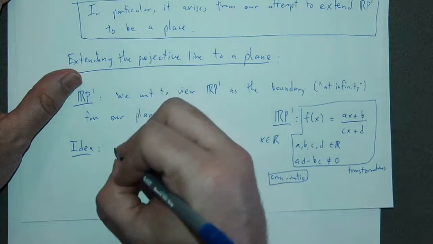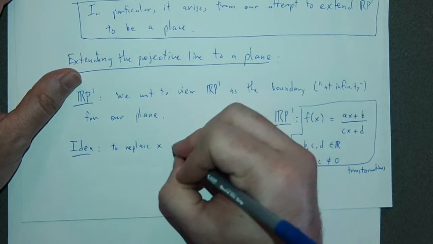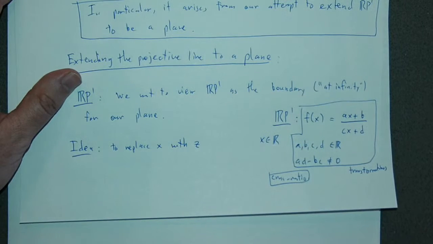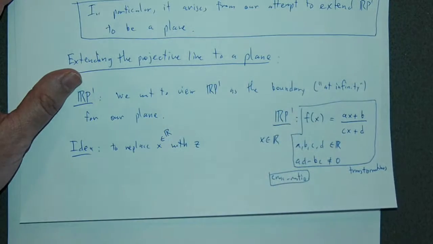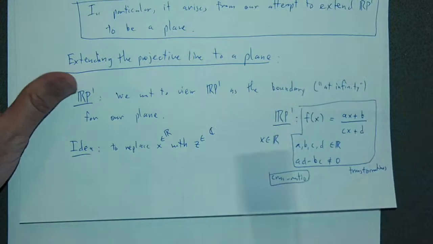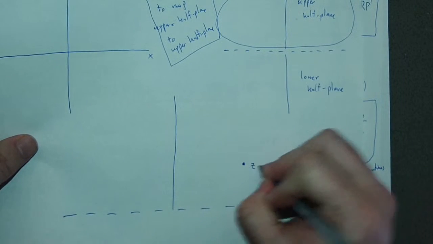The idea then is to replace x with z. So to replace x, which is a real number, with z, which is a complex number, which algebraically we could think of as an ordered pair of real numbers, of course. So we identify this point here with a point z.